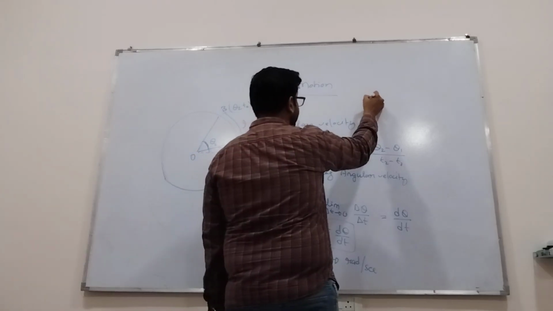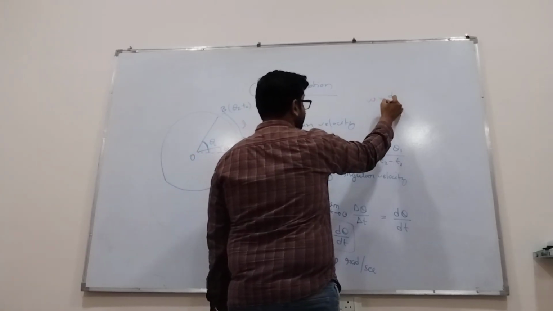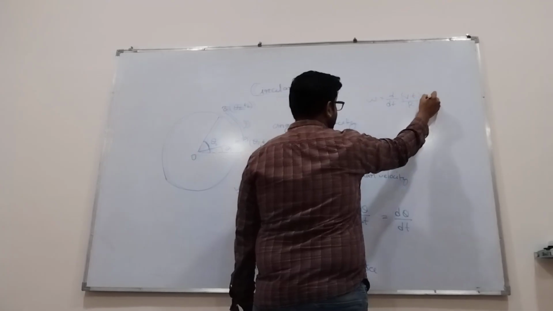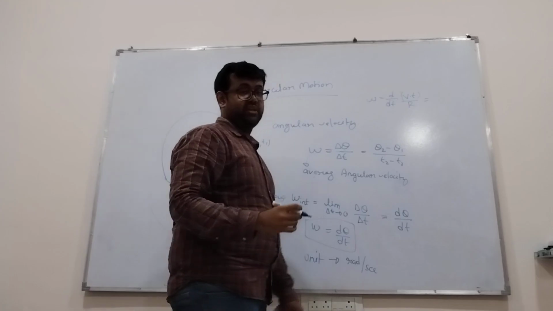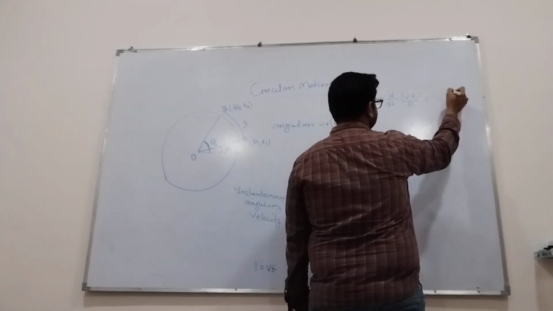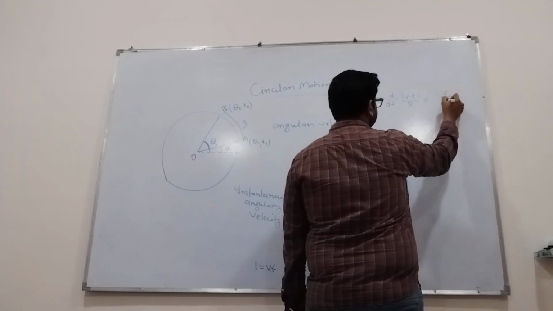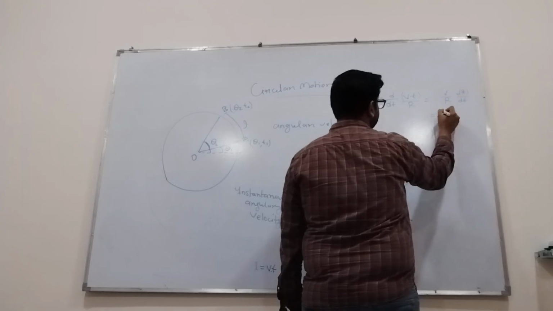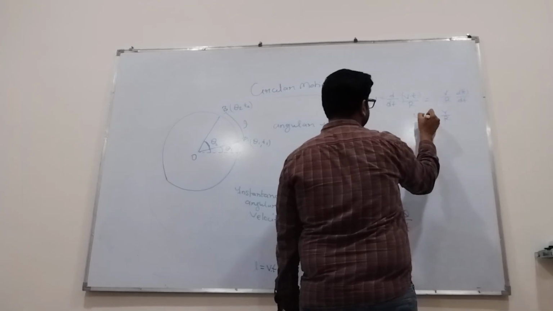See, omega is d by dt of v into t upon r. So if we differentiate it, you will get v by r.